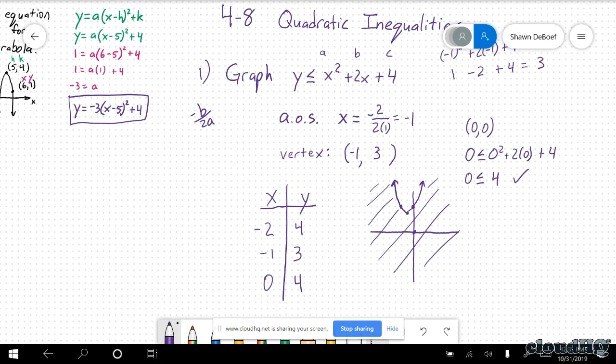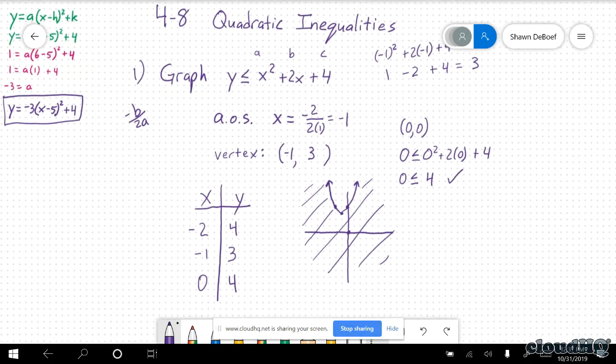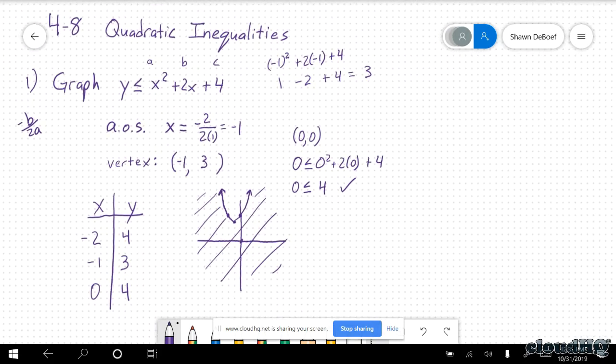So that's how we would graph a quadratic inequality. That's not a big stretch from anything we've done previously. But the second type of problem, we go a little bit beyond that. So now we'll probably do a couple of these, but we are going to solve the inequality.